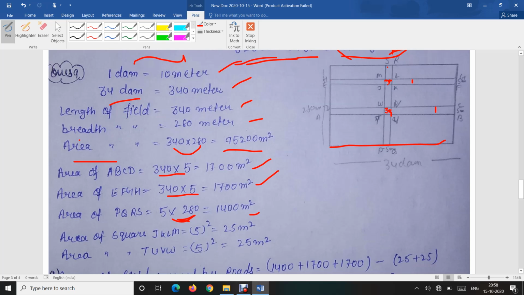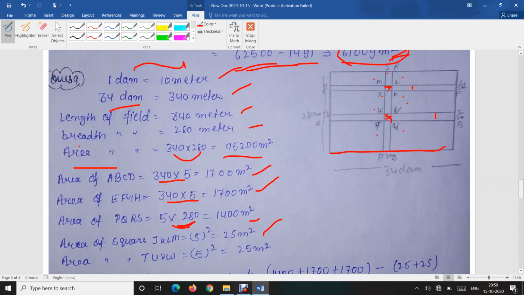So side of the square are always equal, so the side is 5. So area of square TUVW, its side multiplied by side, which gives 5 multiplied by 5 is equal to 25 meter square. Similarly, area of square JKLM, 5 multiplied by 5, which gives 25 meter square.